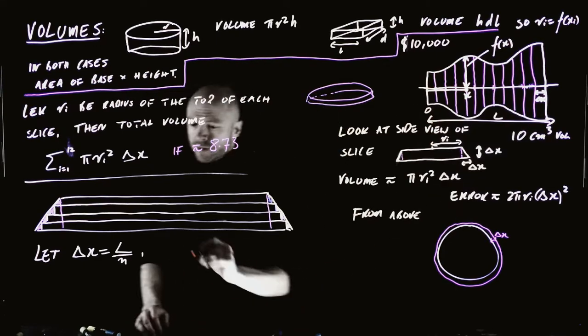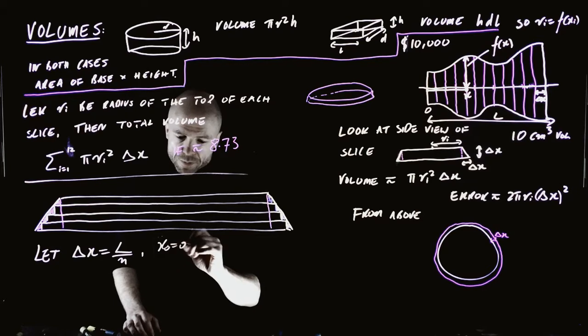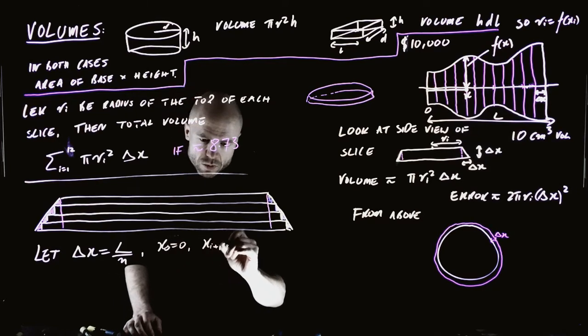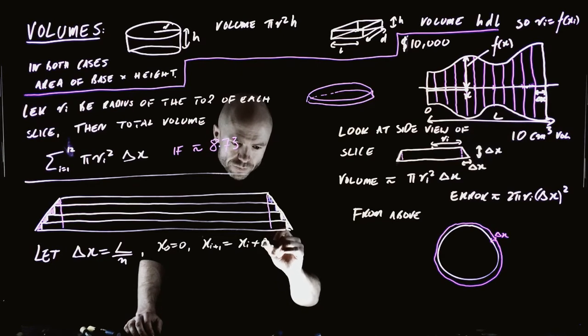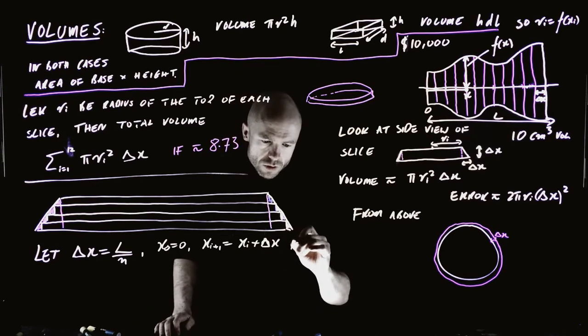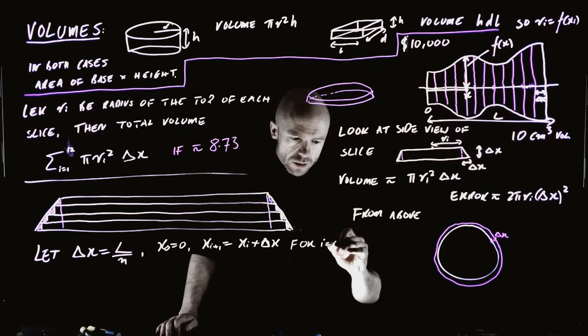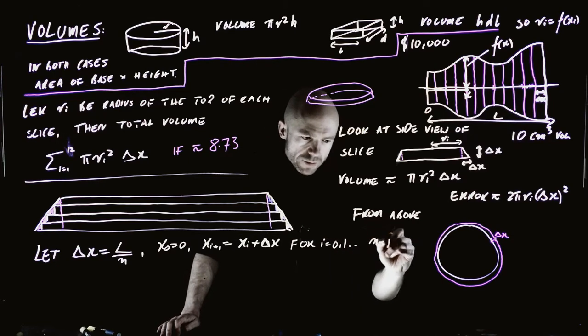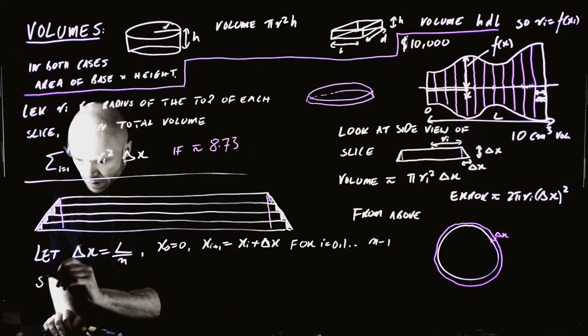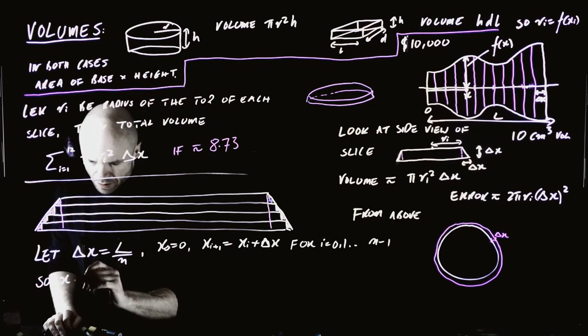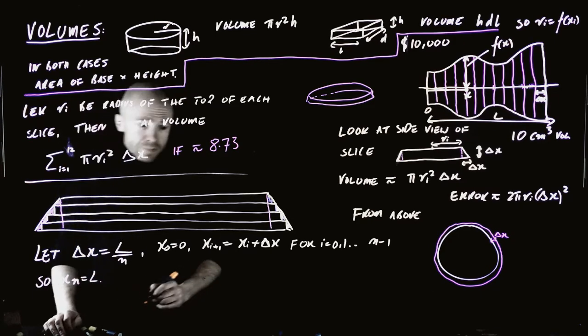L is the endpoint, so we're going to let x0 be 0. x_{i+1} equals x_i plus delta of x for i equal to 0, 1, up to n minus 1. Yeah? So in particular, this implies x_n is our endpoint L. Yeah?